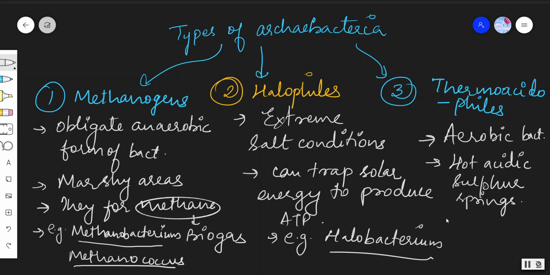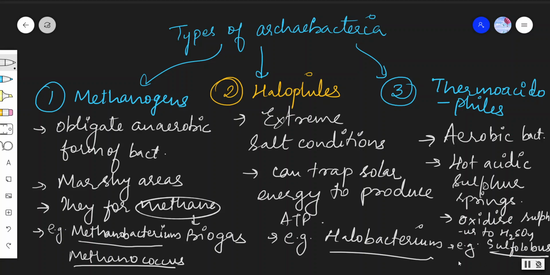And they can oxidize sulfur to sulfuric acid, H2SO4. Okay, and the examples are Sulfolobus.